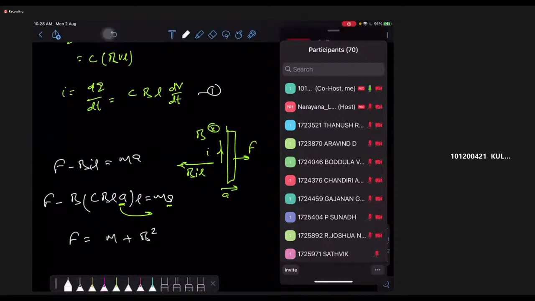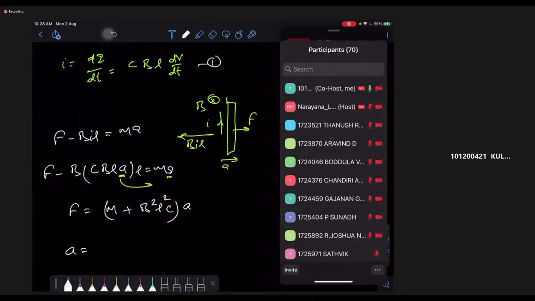Acceleration is B square L C, L square also A, right? So I'm getting the acceleration here. But next, I think you can find out the speed also.